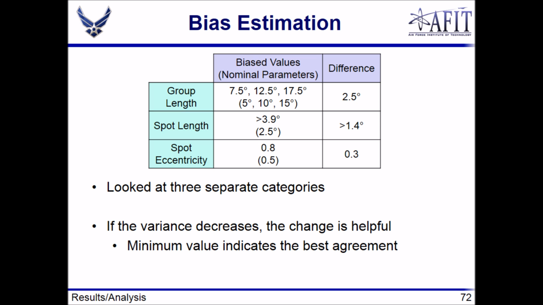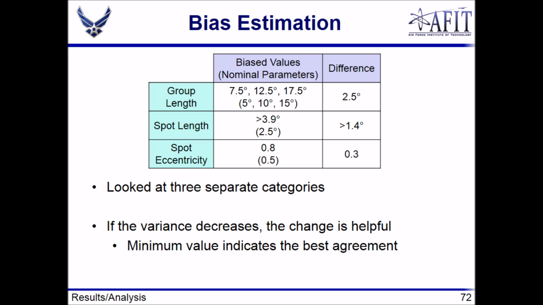And what we can conclude from the table is that we have biased values and nominal parameter values, and there's a difference associated with each of the 3 different parameters that we calculated. For the sunspot group length, there's a difference of 2.5 degrees, which is pretty significant. The sunspot length bias is greater than 1.4 degrees, and then the sunspot eccentricity was found to be biased at 0.3, or the difference is 0.3.